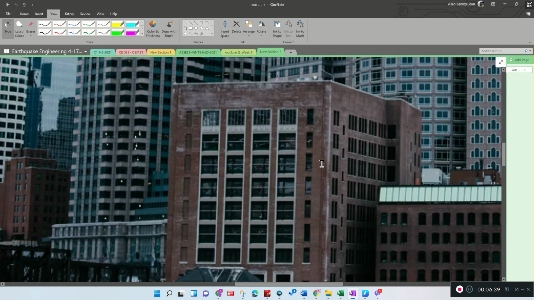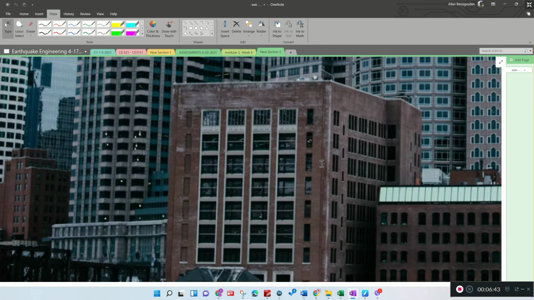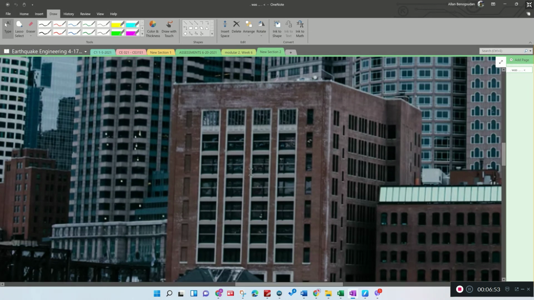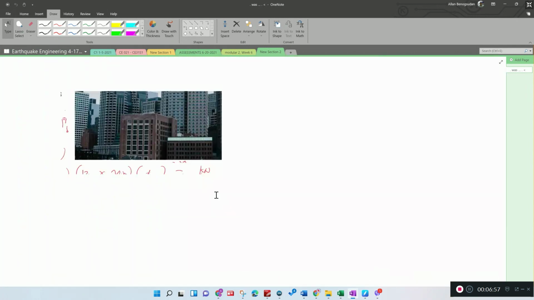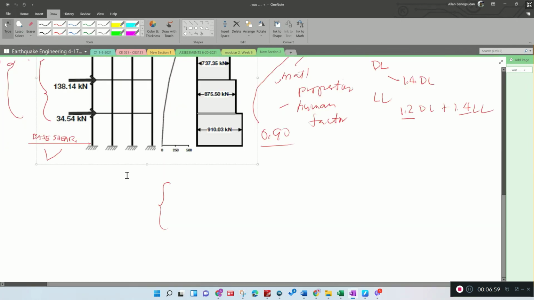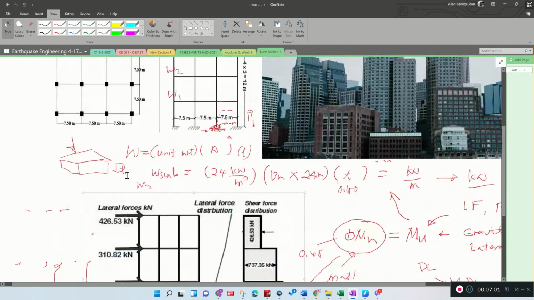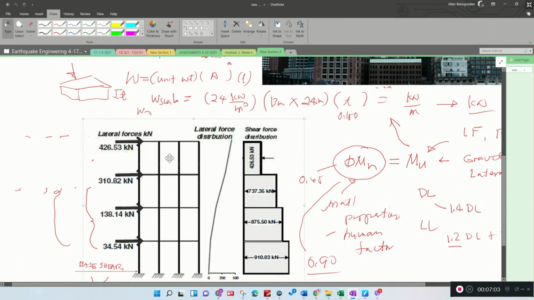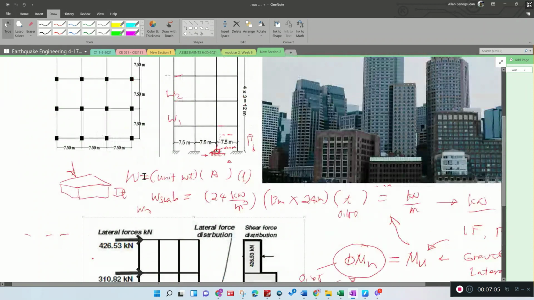But I think it's time consuming, because you have to manually compute the weight of the dead loads here. I think you also have to do this one manually. You have to do that one manually.